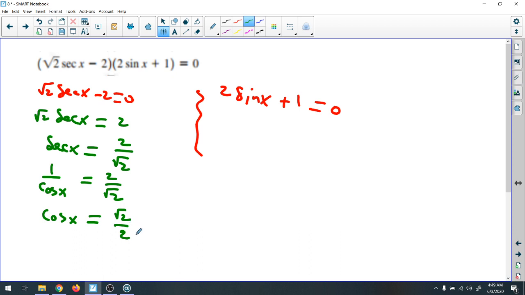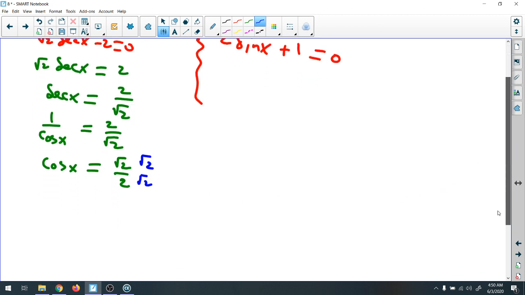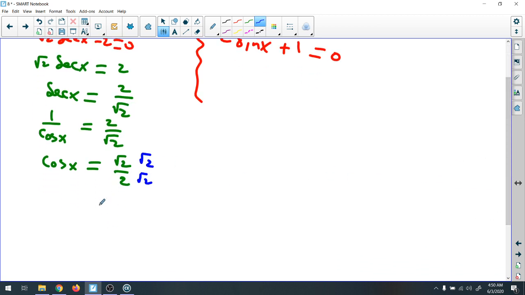So this angle must be 45 degrees. Okay, again, let me explain more. If you multiply by square root of 2 the numerator and denominator, then the numerator will be 2, since square root of 2 times square root of 2 is 2. Divide by 2 square root of 2, and then cancel.